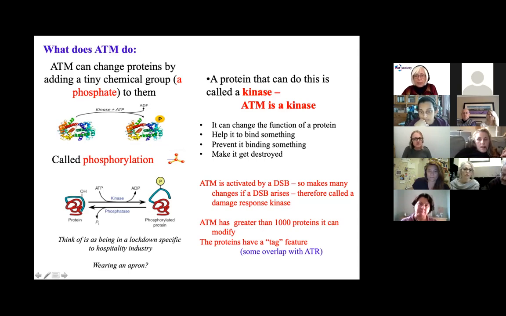But there is another kinase called ATR, which stands for Ataxia-Telangiectasia related, which can tag many of the same proteins that ATM can tag. So there is some redundancy, but importantly, it's activated by a very different lesion. It's not activated by a double-strand break. There is some crosstalk. I don't want to go into what lesion activates ATR, but sometimes the double-strand break can get converted to a lesion that activates ATR and vice versa.